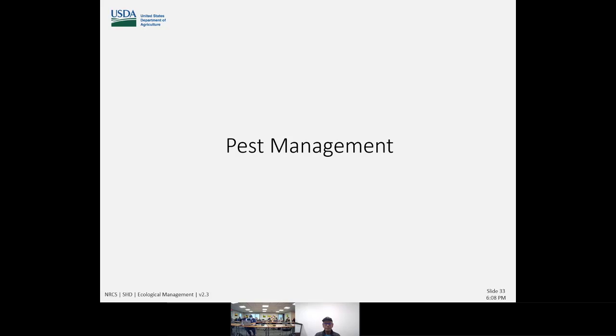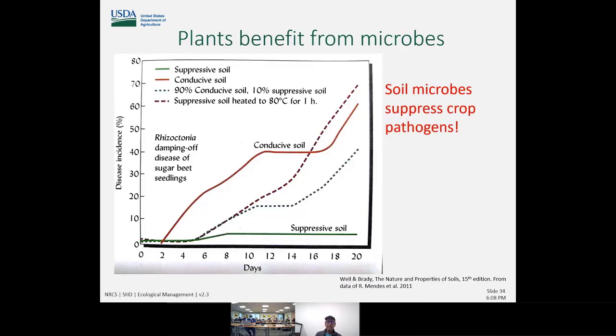So pest management, this is another area we need to discuss here. Here you see the plant benefits from microbes.